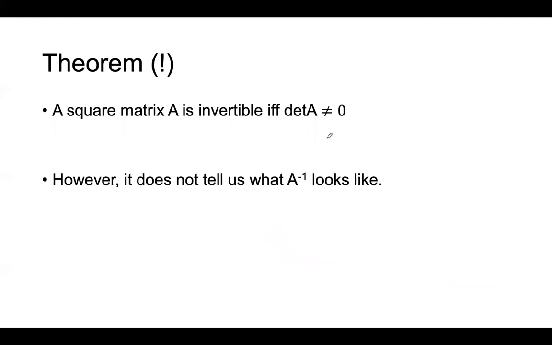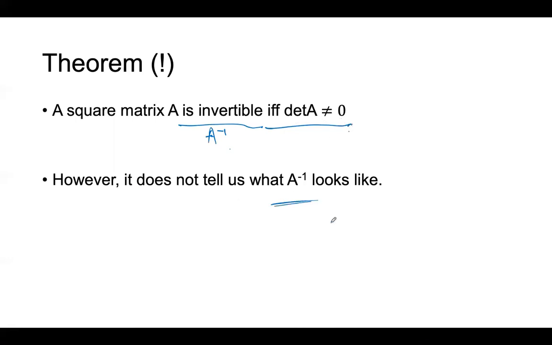So this is an important theorem. A square matrix is invertible if and only if that determinant is not equal to 0. So you can only find the inverse, and remember, we're working with matrices, this inverse is basically how we divide using matrices, if and only if this determinant does not equal 0.